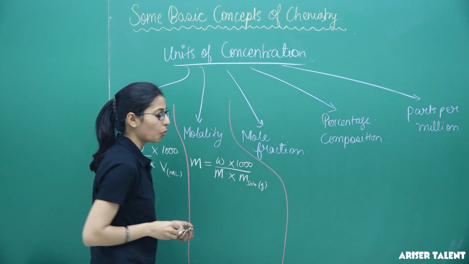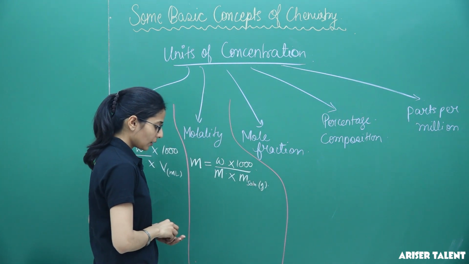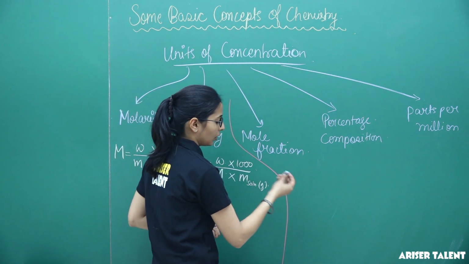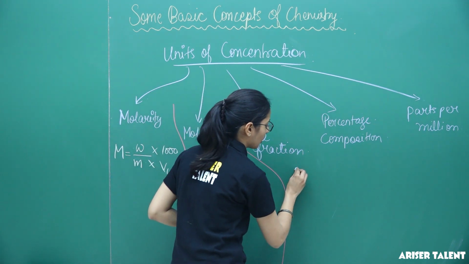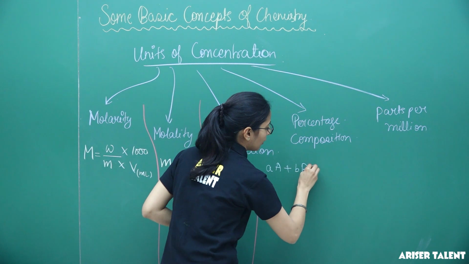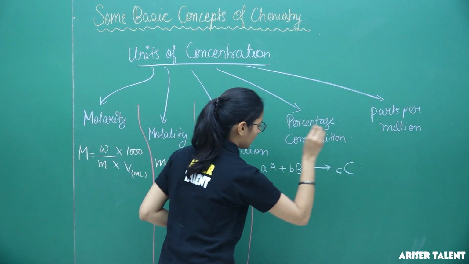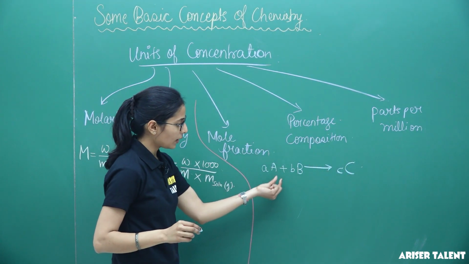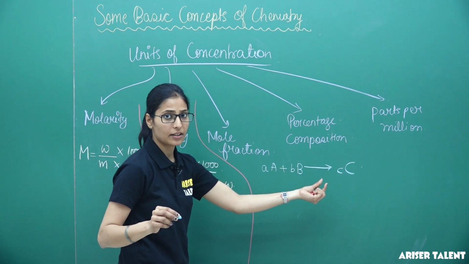Then we have the mole fraction. Okay. So, let us say I have a general equation like this, a A plus b B gives us c C. So, what do this small a, small b and small c tell us?